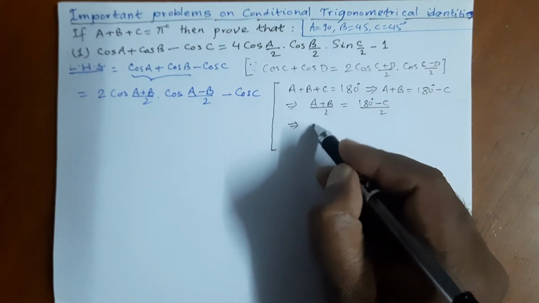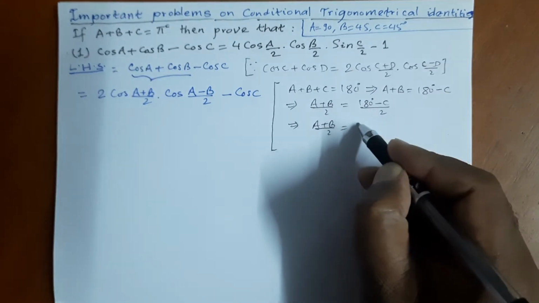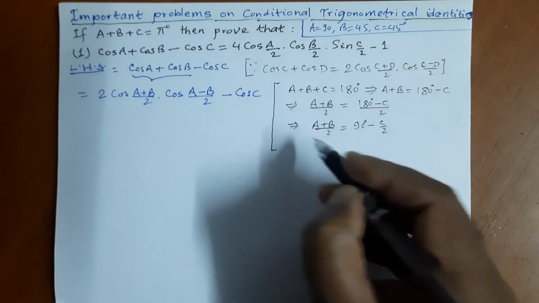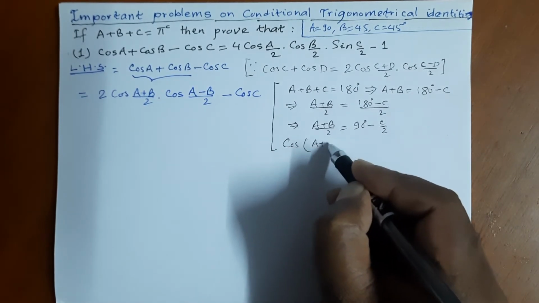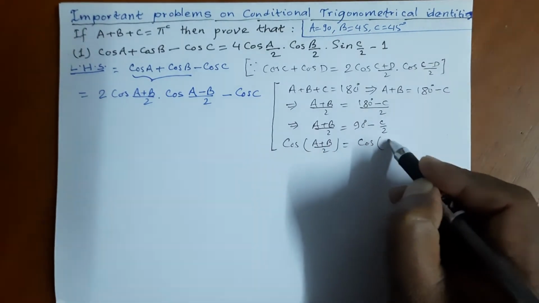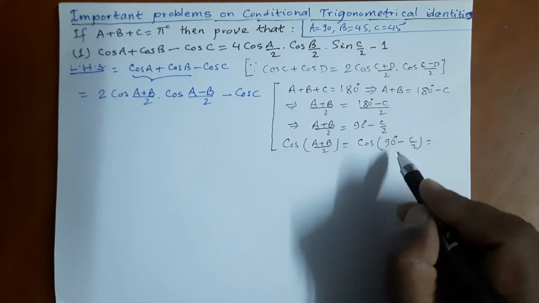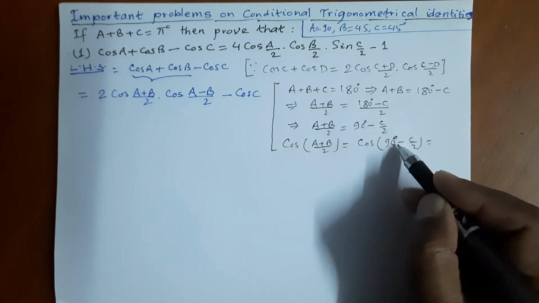Taking cos on both sides, cos of (90 degrees minus C over 2): 90 is 90 times 1, and 1 is odd, so it is an odd multiple of 90.